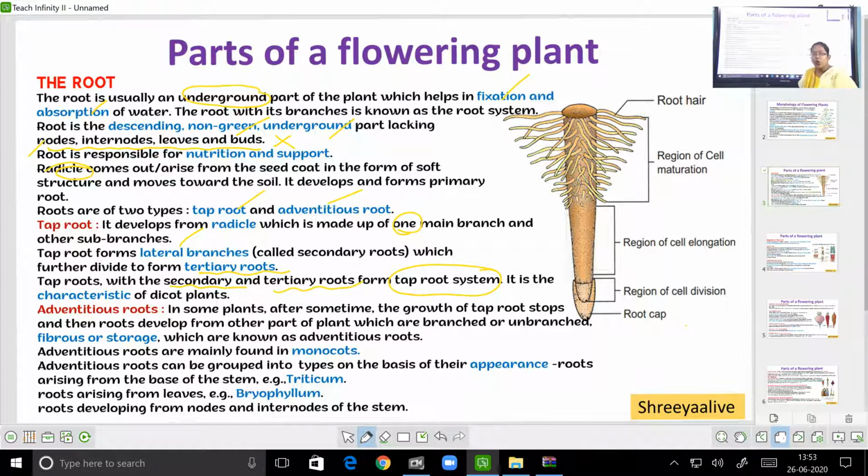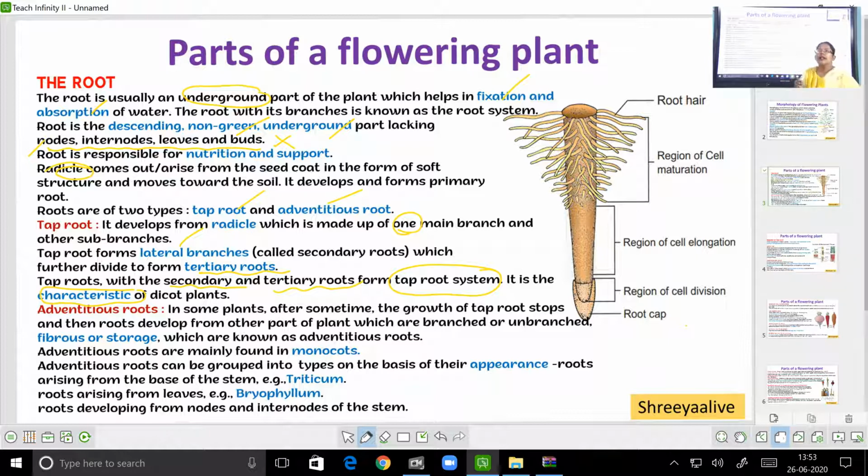The presence of the taproot system is one of the important characteristic features of dicotyledonous plants.